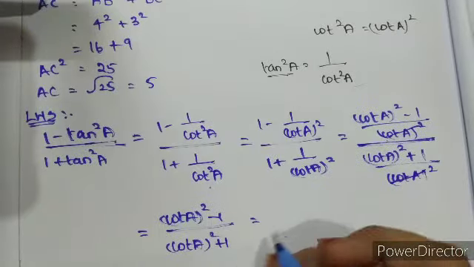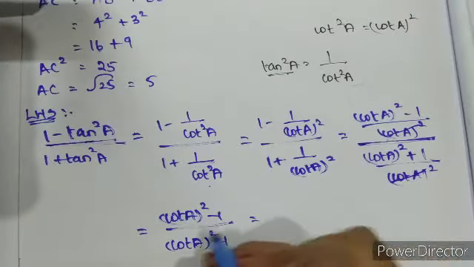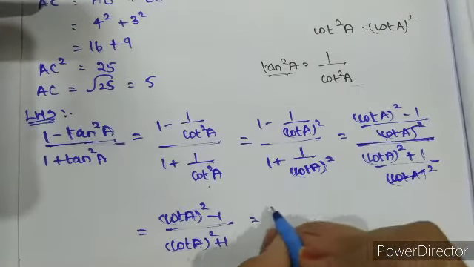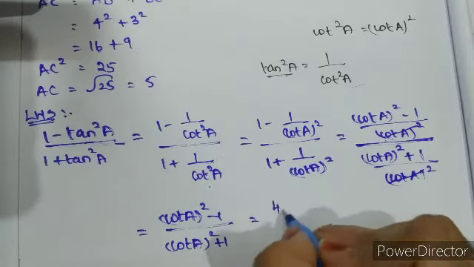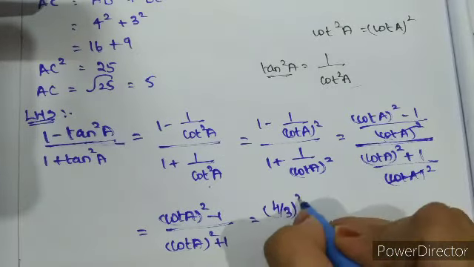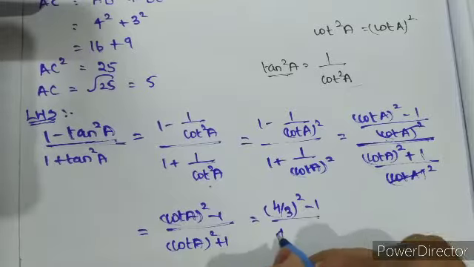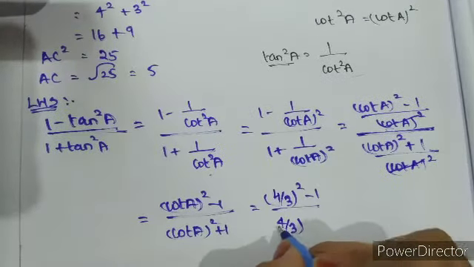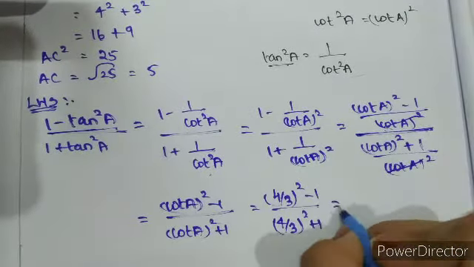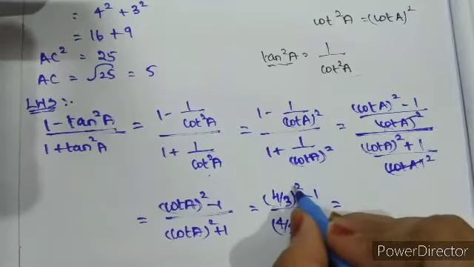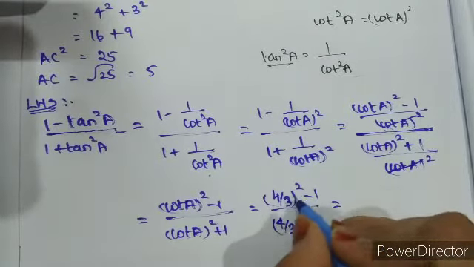So now just substitute the values. The cot A is 4 by 3. So (4 by 3) the whole square minus 1 by (4 by 3) the whole square plus 1. Here we have to apply the square in both numerator and denominator.